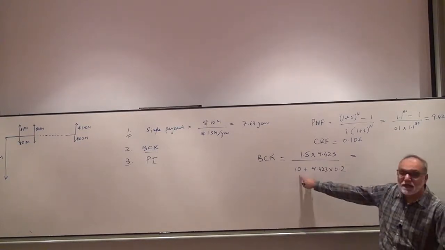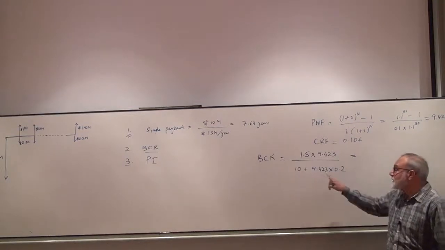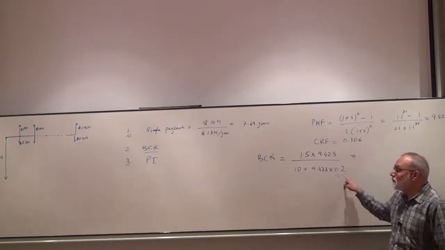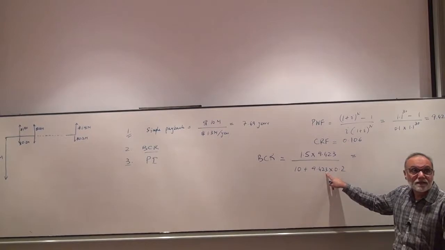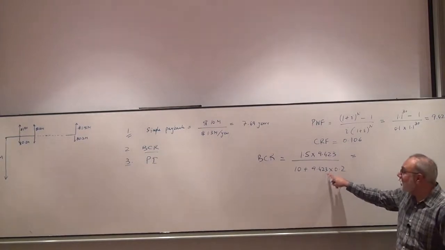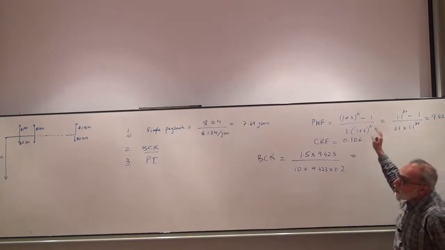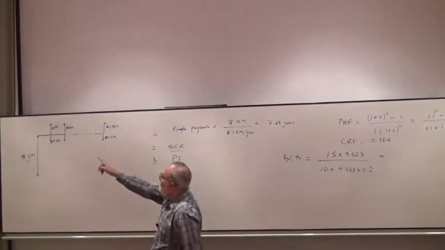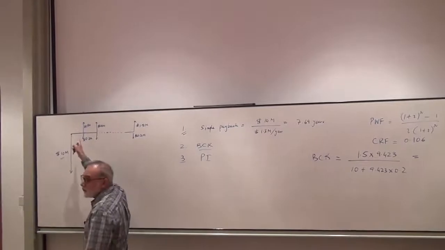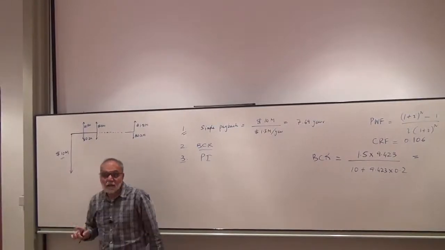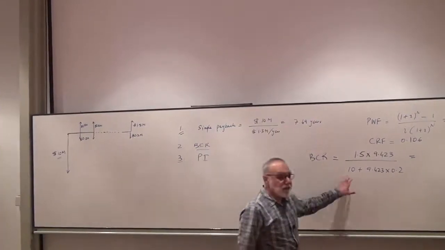Please see, this 10 is initial. This is not to be multiplied with this factor. This factor is coming from the present worth factor for the 30 years of spread of costs and benefits. This 10 is separate, it is initial.